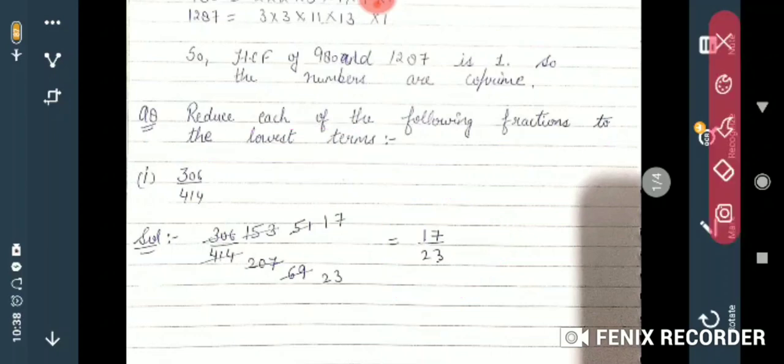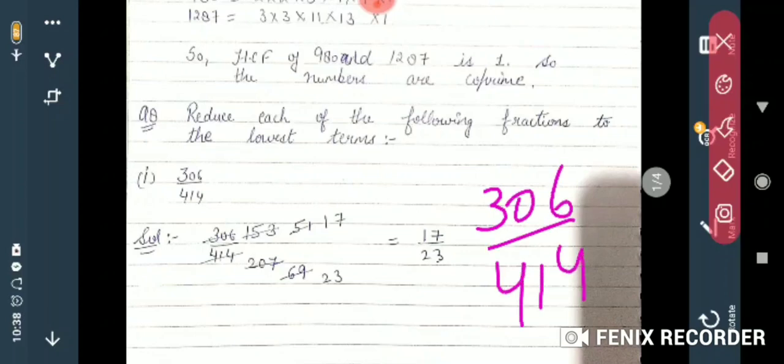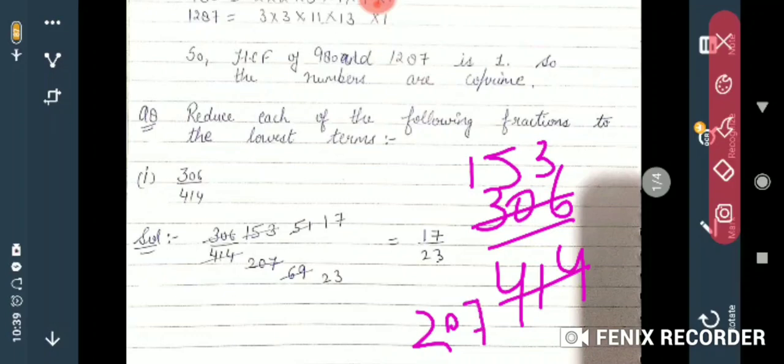For example, 306 upon 414. 2 1s are 2, 2 5s are 10, 2 3s are 6. Again, the denominator will also be divided by 2 only. If the numerator is divided by 2, then the denominator will also be divided by 2. 2 2s are 4, then 14, 2 7s are 14.